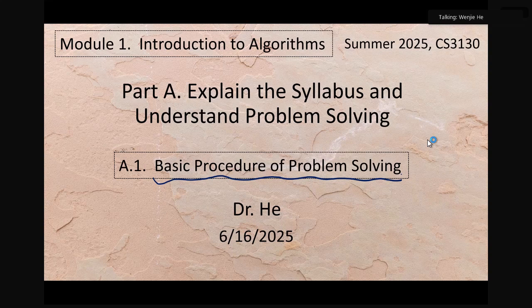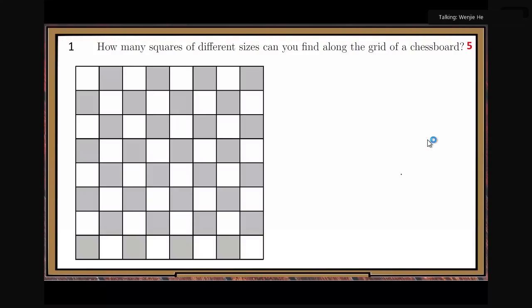The first one, let me show you the first question. This chessboard question. How many squares of different sizes can you find along the grid of the chessboard? Do the counting, because you can discover many different squares.